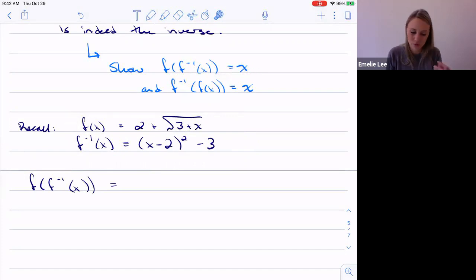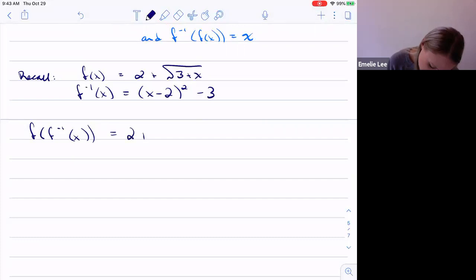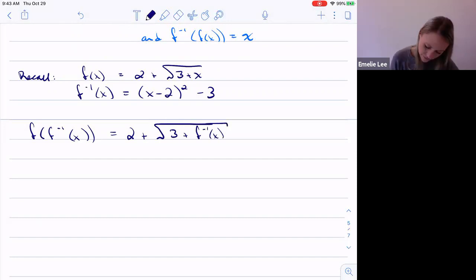If that happens, something probably went wrong, right? Try it a couple of times, but something might have gone wrong in finding your inverse. So then you'd want to go back and check your inverse. So hopefully things work out. f of x is 2 plus the root of 3 plus x.